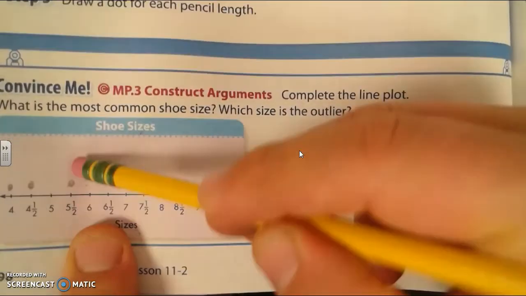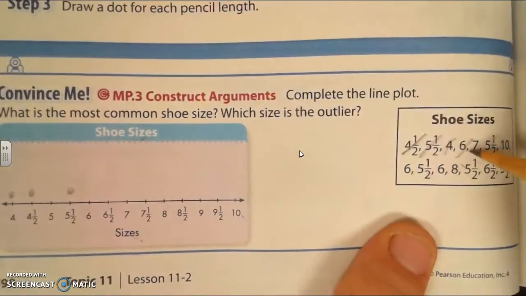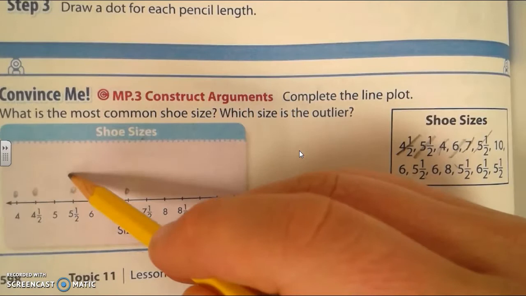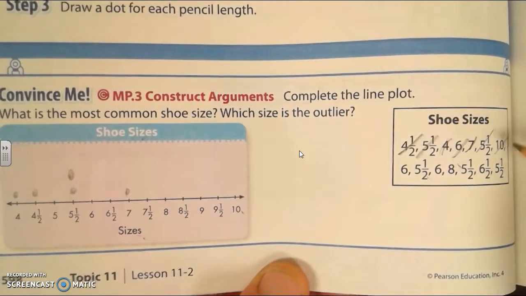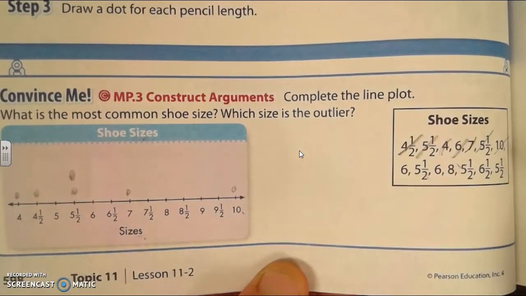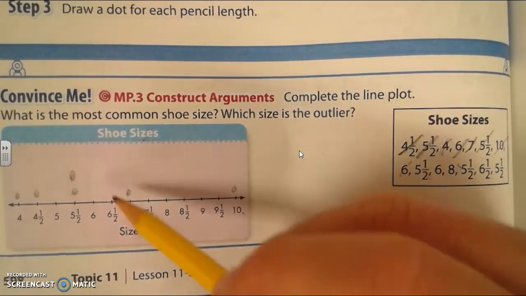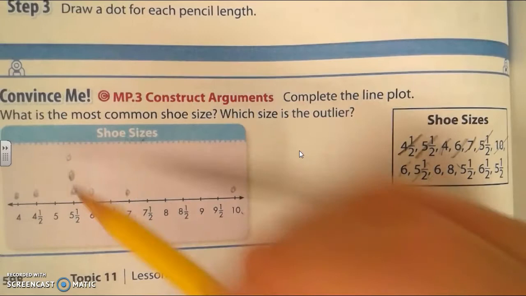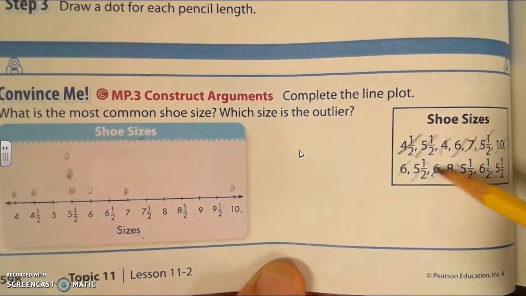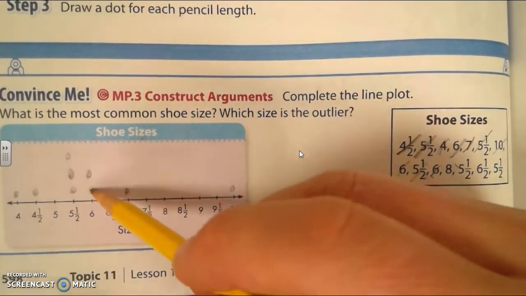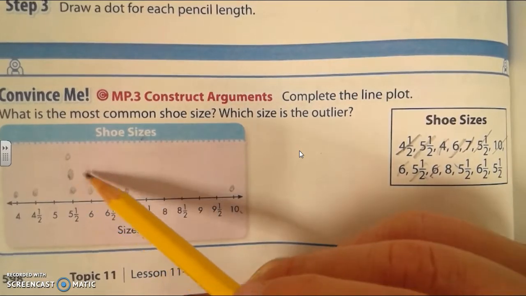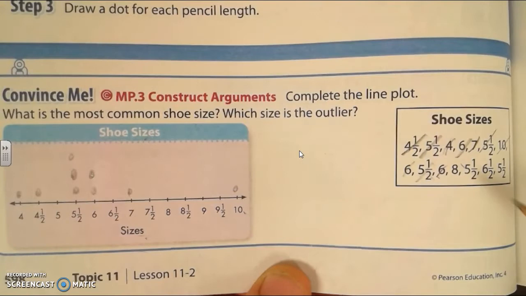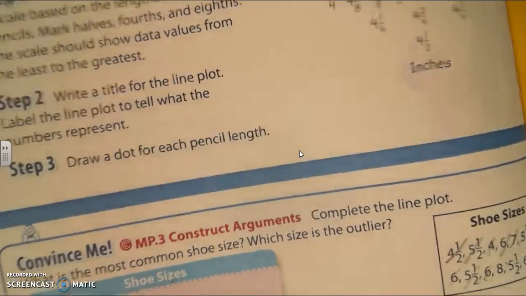Every dot should be the same size to help you make sense of the line plot. Whoa, who's got size 10 feet? Bigfoot over there. 5 1/2. You see how the dots are lining up with one another. And when I make my second line here, they're next to each other, and these are next to each other. I have a couple more to do, but I knocked it off.